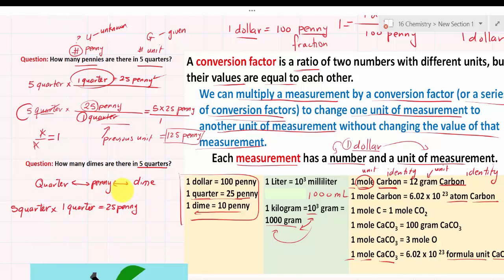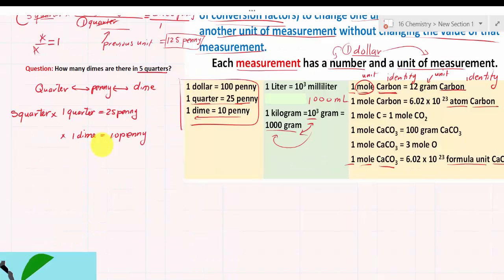And then times another conversion factor that relates penny and dime, which is 1 dime equal to 10 penny. Now we have a relationship of quarter, penny, and dime described with a specific conversion factor. We just have to multiply the given by the conversion factors that are involved.